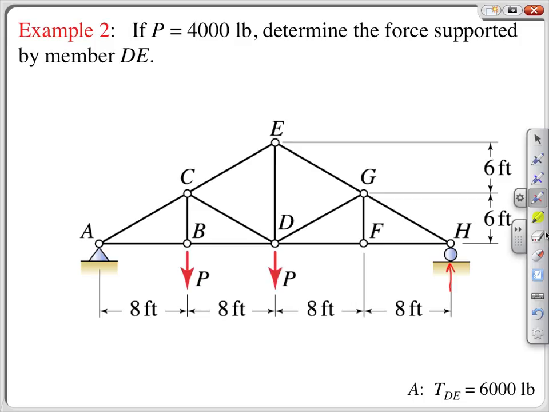A pin counts as 2 reaction constraints, 1, 2, since both horizontal and vertical translation are prevented. In the present example, we have 1 pin and 1 roller support, so R, the number of reaction components, is 3.